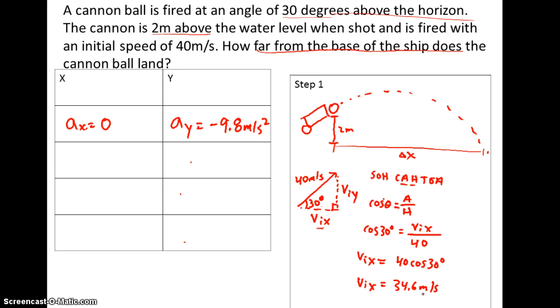I can do the same in the y direction to find Viy. If this is my angle, that's my opposite side, opposite to the angle, so I'm going to use opposite and hypotenuse, sine. The same process.